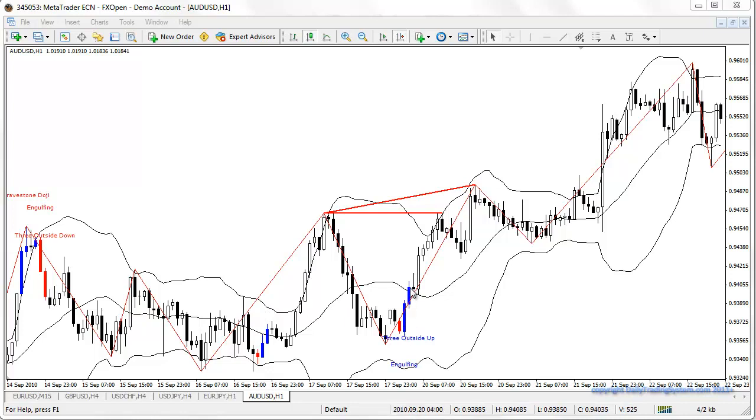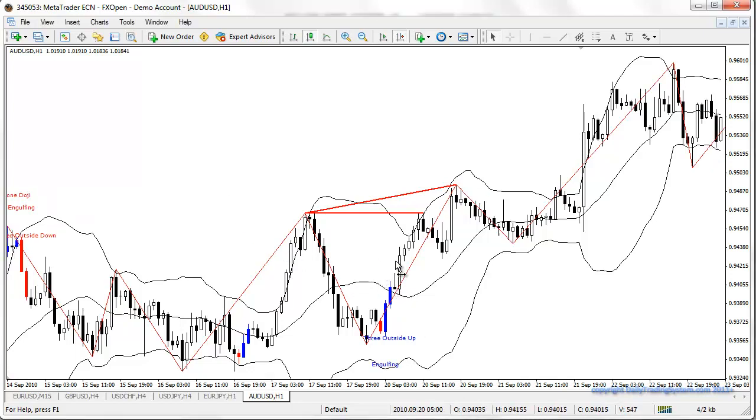Now the three outside up is really a confirmation of the bullish engulfing pattern, but you need to take those with a pinch of salt sometimes, and be careful how many candles you go into for the confirmation. This one here is okay. This will do perfectly fine.